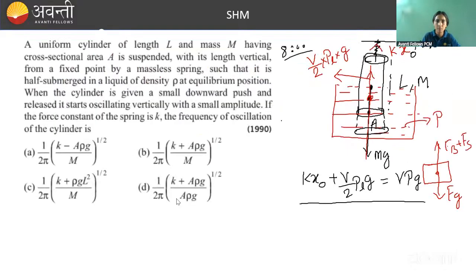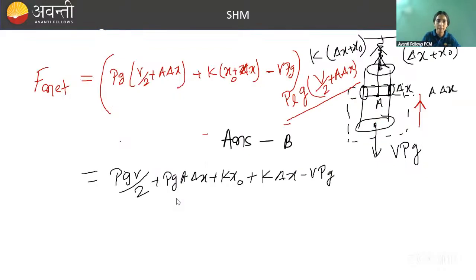If you look here carefully, इक्विलिब्रियम सिचुएशन पे जाओ. V rho g किसके बराबर है? k x naught plus V by 2 rho L g. यहाँ पे आप ध्यान से देखो, V by 2 rho L is this one, and this is also rho L. So rho L g V by 2 plus k x naught. This term and this term will get cancelled by this term, right? So इसको हटा दो.